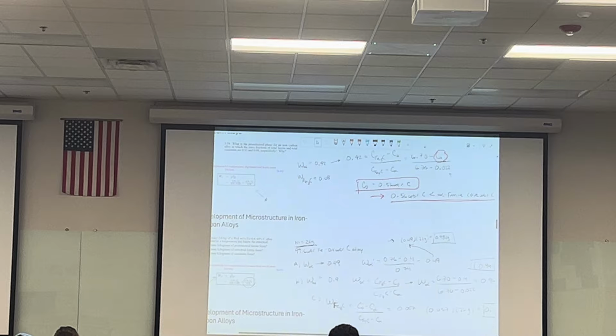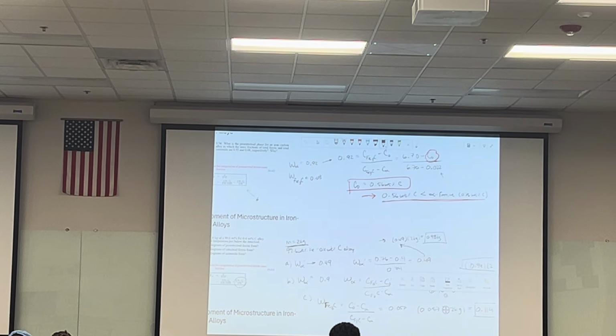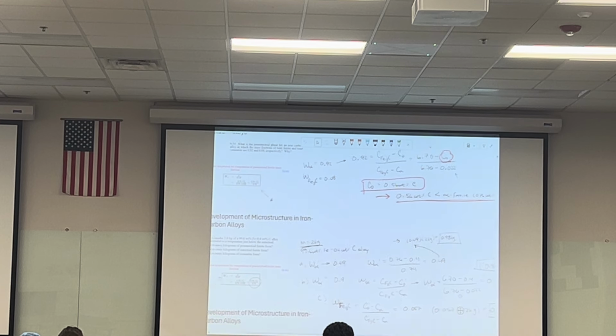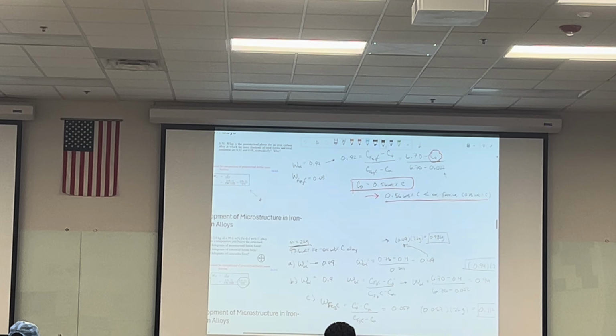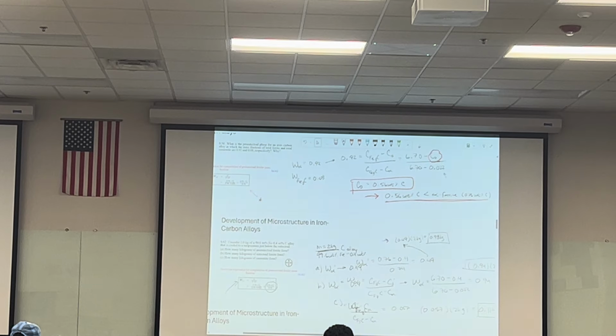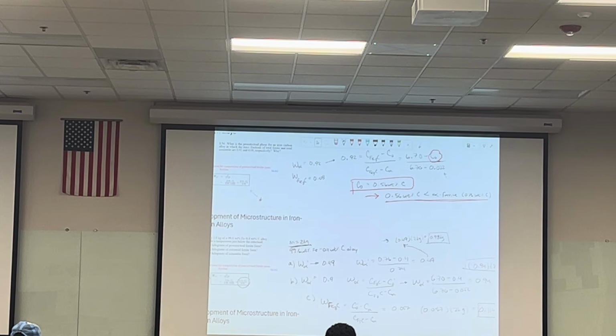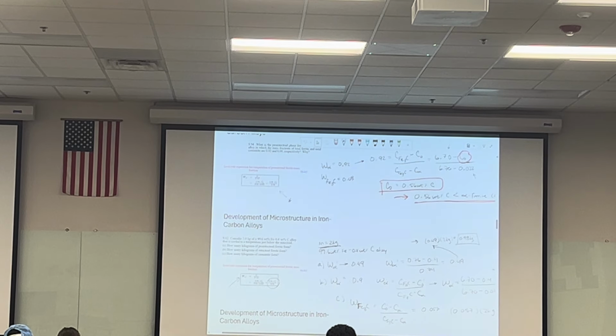You just plug it into that equation and you should end up with 0.49. Then you take that 0.49, multiply it by the mass given in the problem, which is the 2 kilograms, and you end up with the mass for that phase.